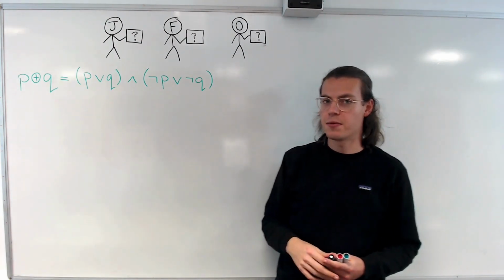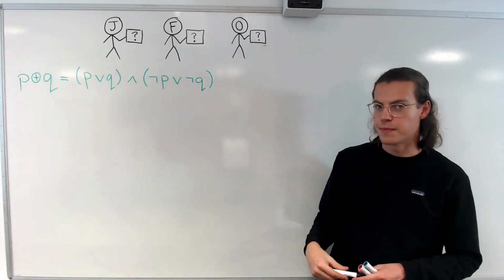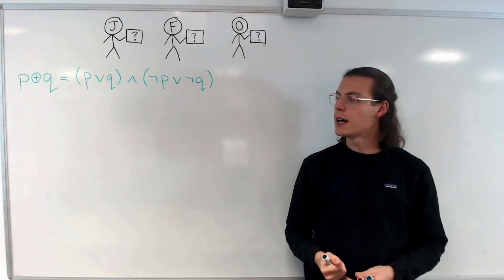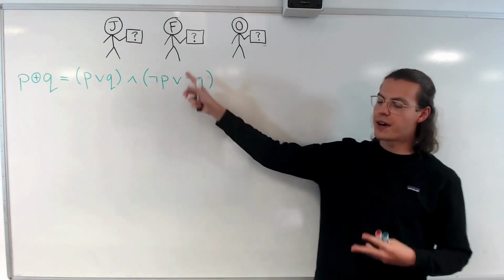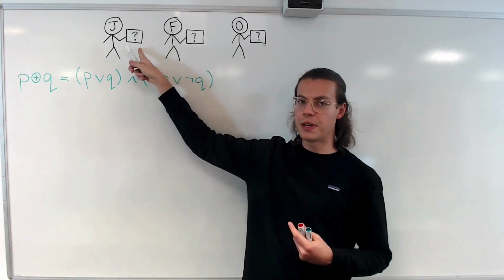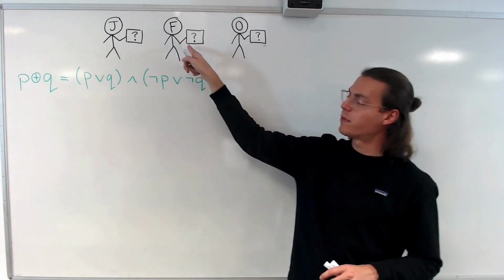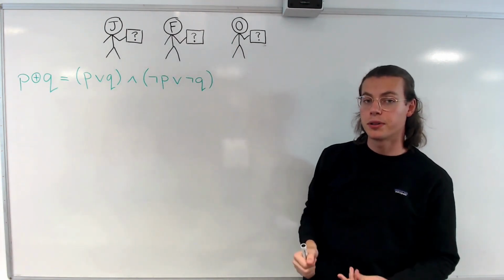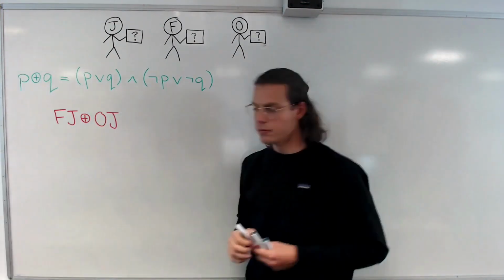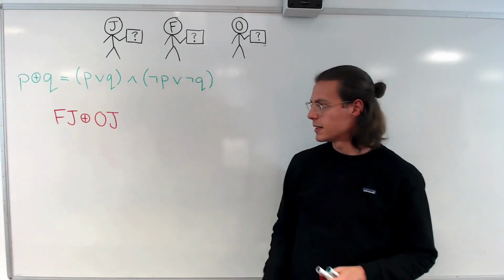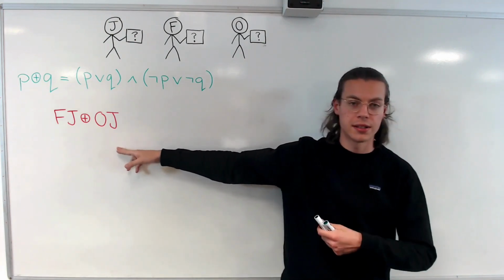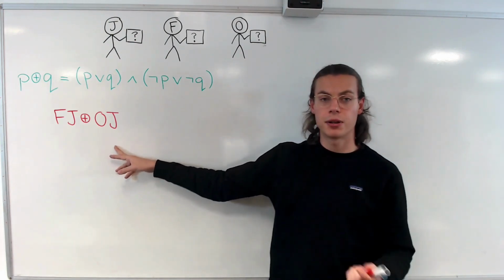Now, there's a lot of information we need to include in our formula here. One thing we need to express is that the paper held by each boy has exactly one of the others' names on it. So for instance, on Joel's piece of paper is written either Felix or Oscar, but not both. FJ XOR OJ says that either Felix's name is written on Joel's paper or Oscar's name is written on Joel's paper, but not both.